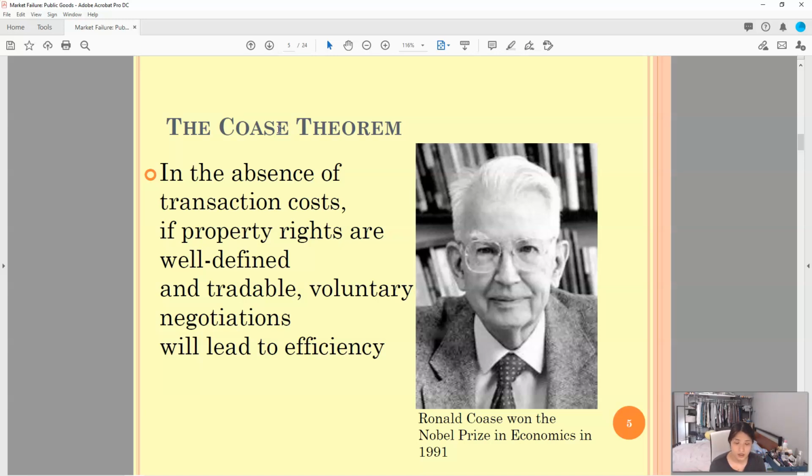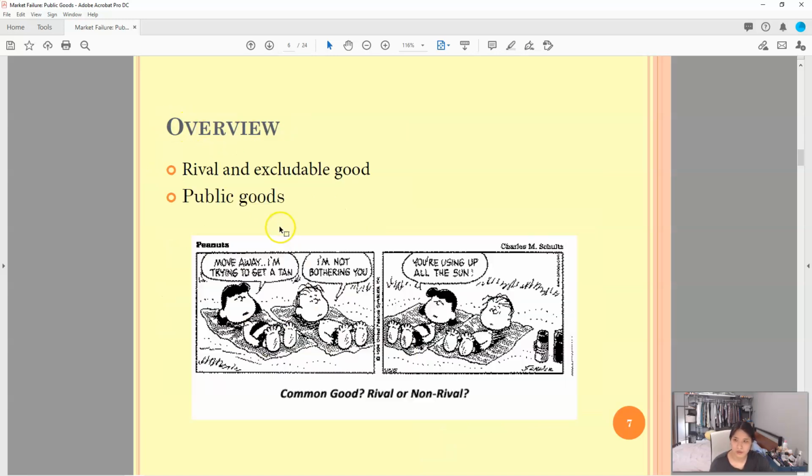If there are no transaction costs, only a small number of parties, and those parties can easily be identified, then no matter who has the property rights, because those parties can negotiate with each other, the market would lead to the efficient allocation or outcome. That is the Coase theorem.